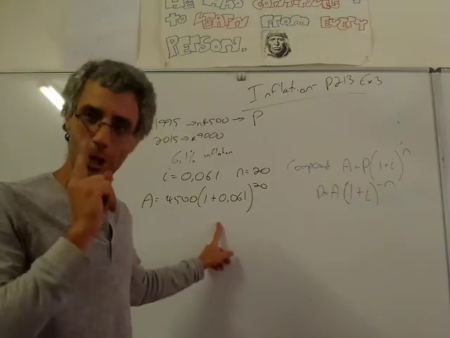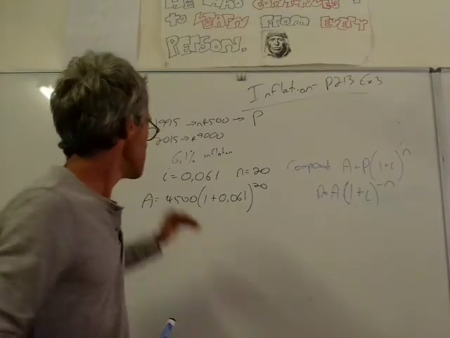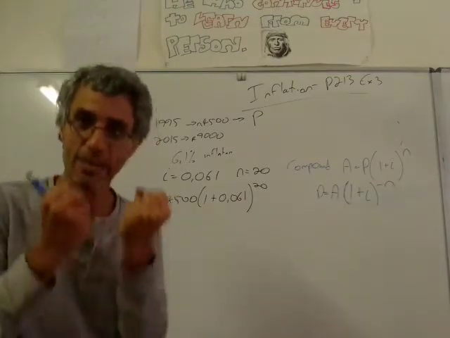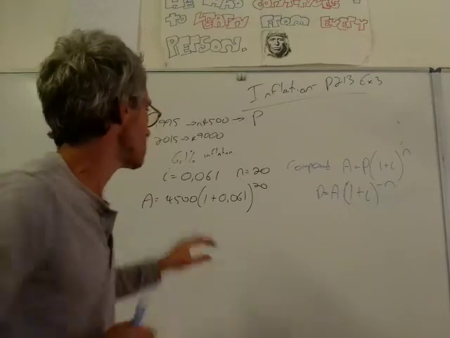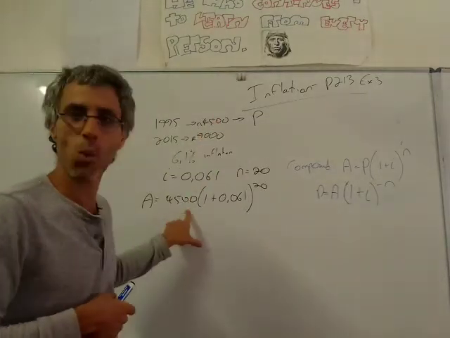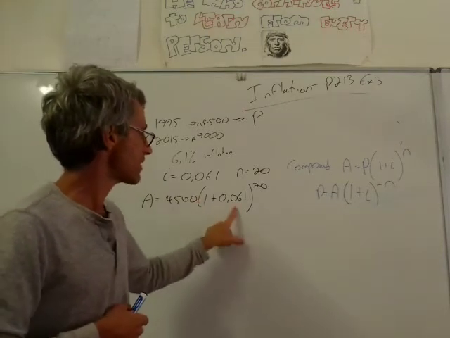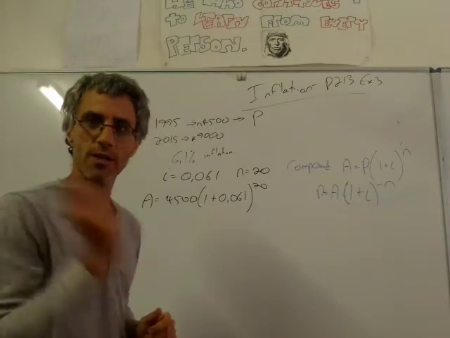If they use the proper rate of inflation, 6.1%, then to keep the same purchasing power, so the worker will be able to buy the same amount of goods as he bought in 1995, that's the wage they should pay. 4,500 times 1 plus the inflation rate, power 20.